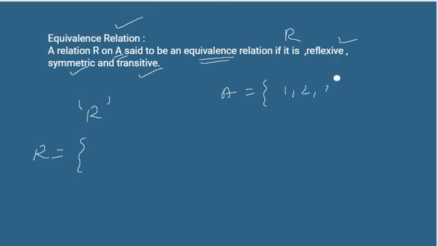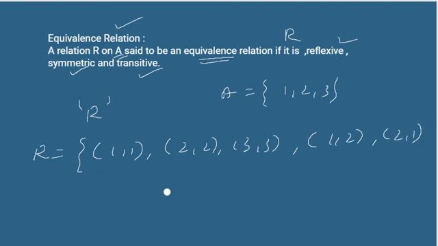Let R be equal to, we need a non-empty set, isn't it? So {1, 2, 3}. So let R be equal to {(1, 1), (2, 2), (3, 3), (1, 2), (2, 1), (1, 3), (3, 2), (3, 1)}. Let us check. I wrote many elements here.